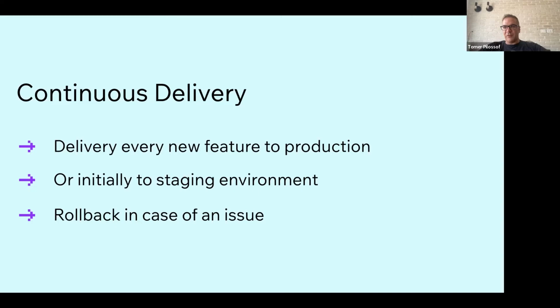Some companies use a best practice that says, let's put it as a measure of caution in a staging environment or an integration environment. But we also need the ability to roll back a change. So if I made a change and it's faulty, I want to be able to roll it back as quickly as possible. And this is actually what continuous delivery is.